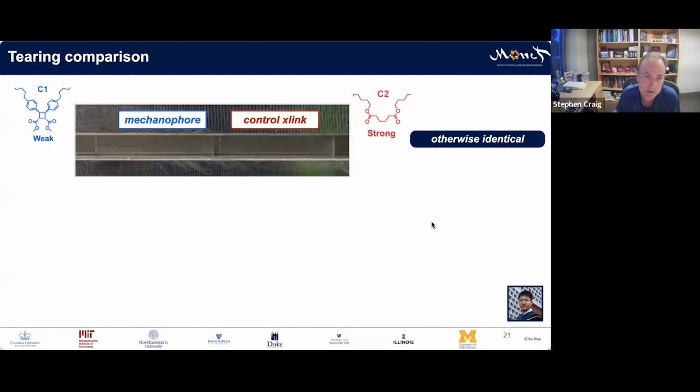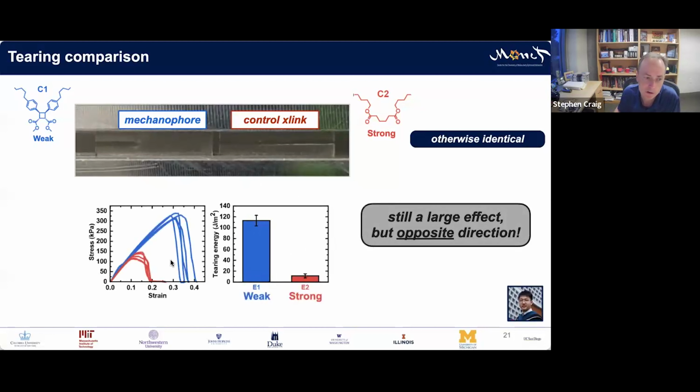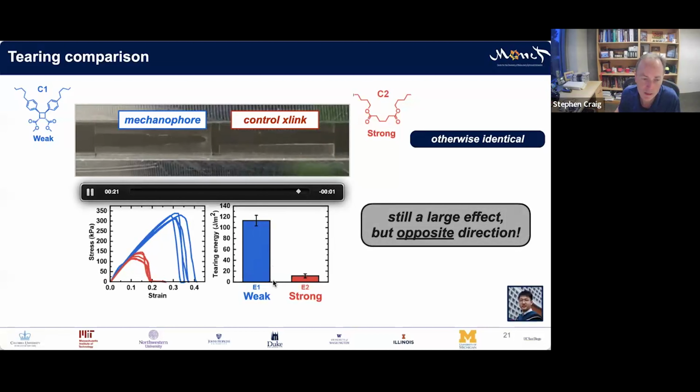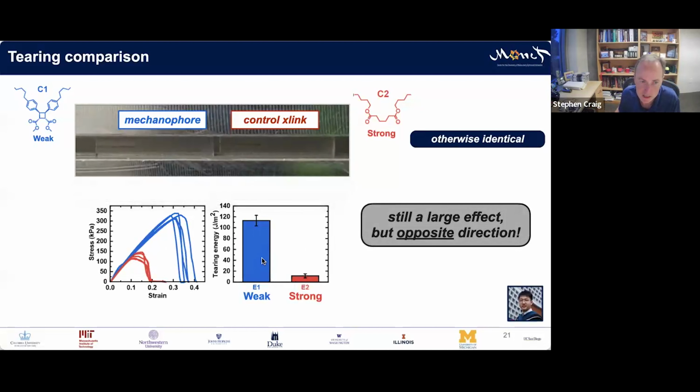Okay, so the movie here is just on loop. This is all the same experiment over and over again, but we've repeated the experiment many times. We've sent samples to collaborators across the country. They always see the same thing, that there's a huge effect here. We can quantify the tearing energy again. Again, it is about a factor of 10 different, but as you undoubtedly have noticed, is now in the opposite direction.